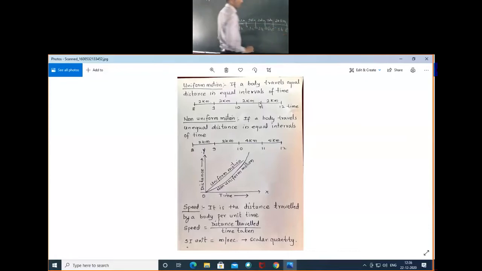Total distance traveled? 20, 1, 2, 3, 4, 5, so 100 kilometers I have traveled. For 100 kilometers I have taken how many hours? 1, 2, 3, 4, 5 hours. So this is uniform motion.